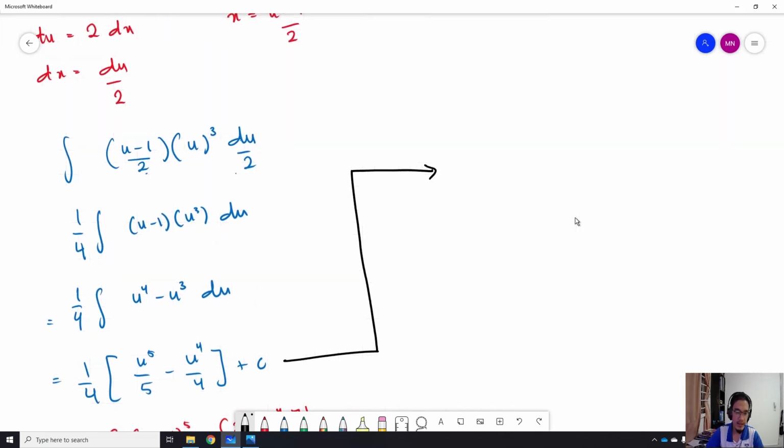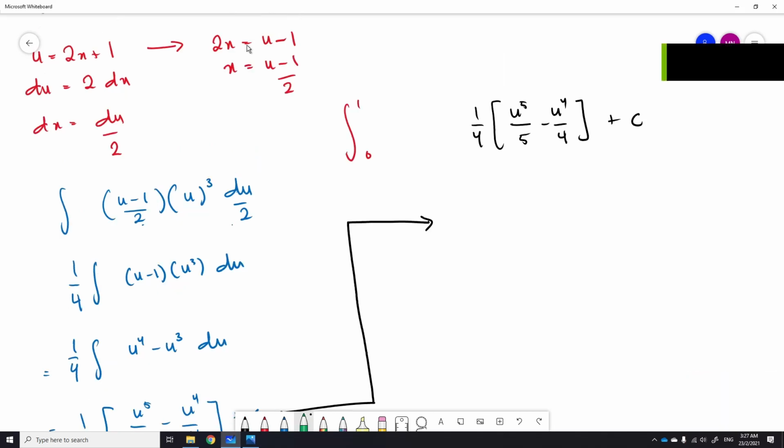So that is 1 over 4 times u^5 over 5 minus u^4 over 4. Okay, so this is the step before you change u back into the form of 2x plus 1.